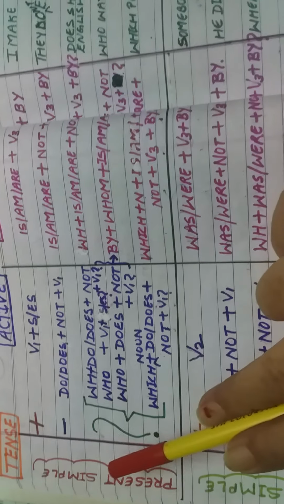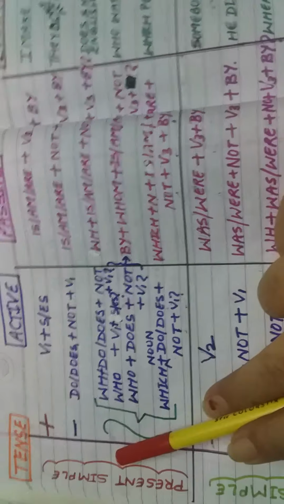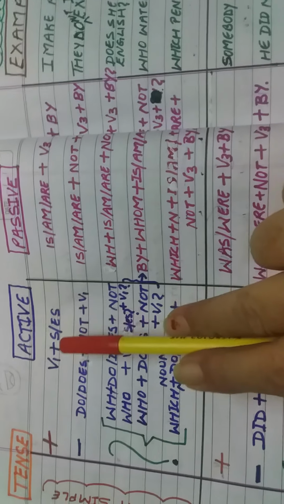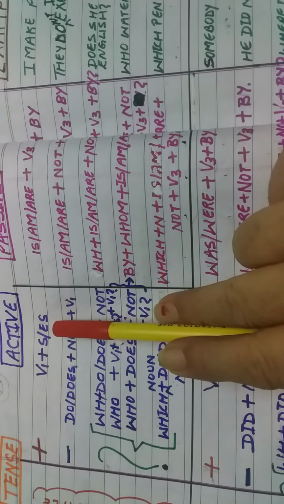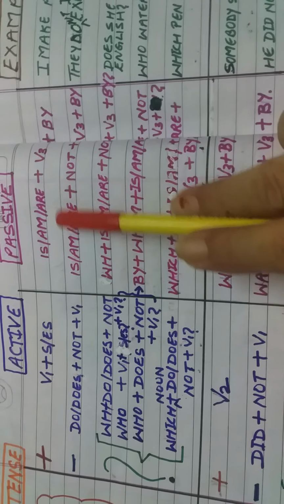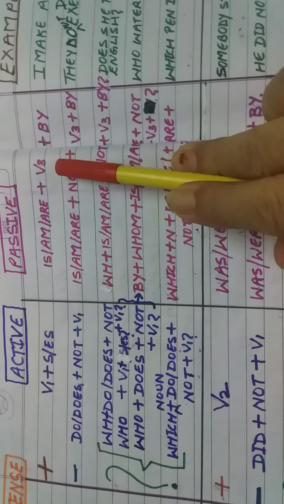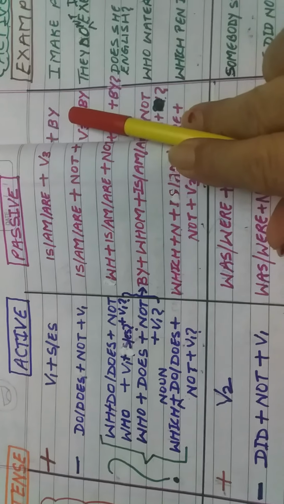So according to the tense, first of all we'll take present simple. Now the structure you might be remembering from tenses you have done. In affirmative we use V1 plus S or ES. Now for passive we add is, am, are according to the subject, then conversion of the verb into the third form, then addition of the preposition by.